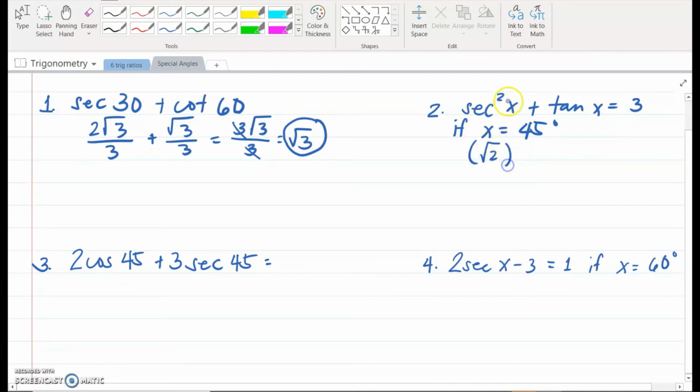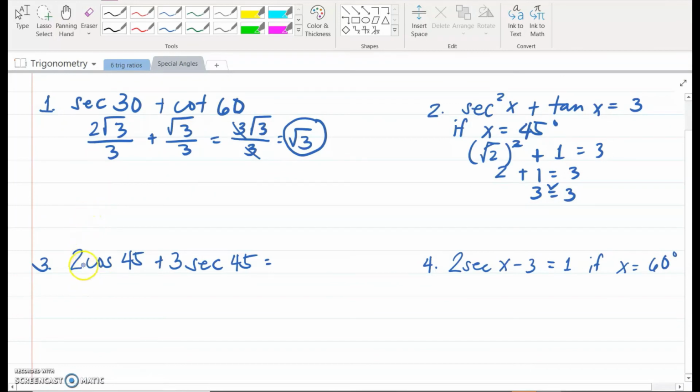Since you have squared there, you have square root of 2 quantity squared plus tangent 45 is 1 equals 3. Square root of 2 squared is actually square root of 4, or just 2. That will be 2 plus 1 equals 3. 3 is equal to 3.